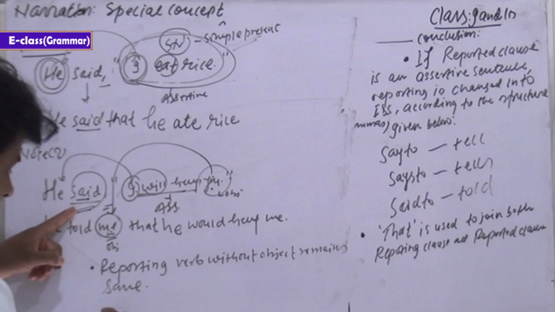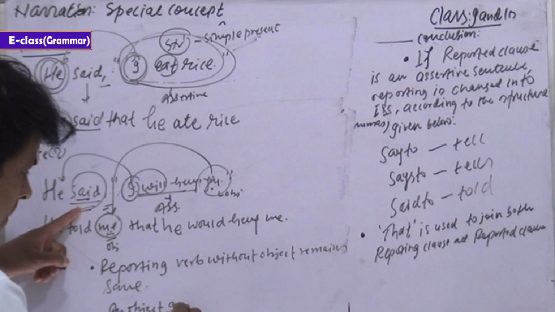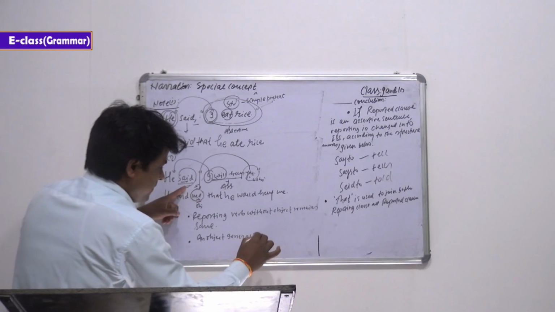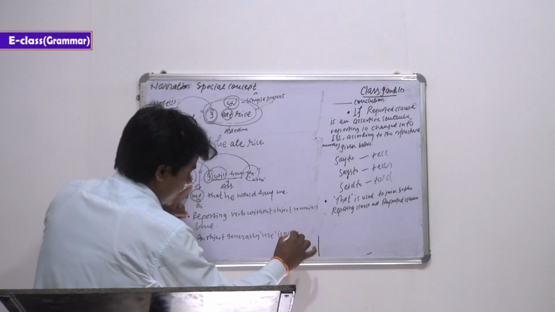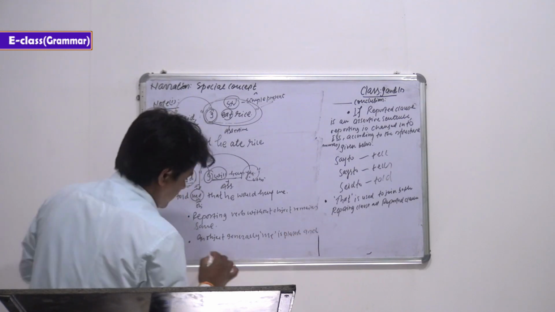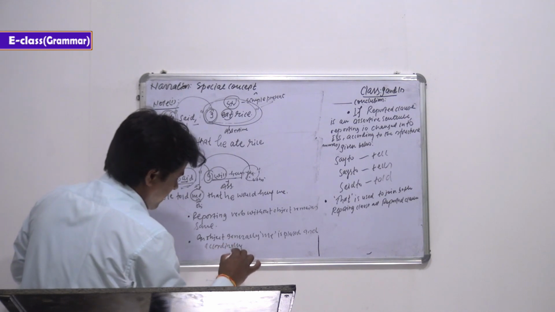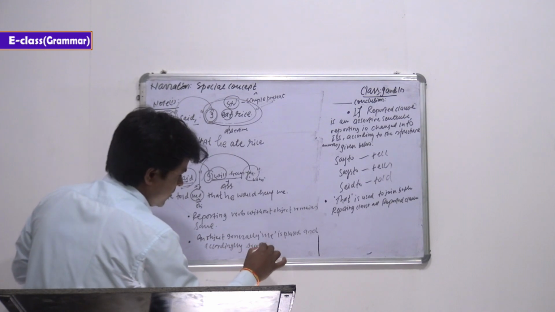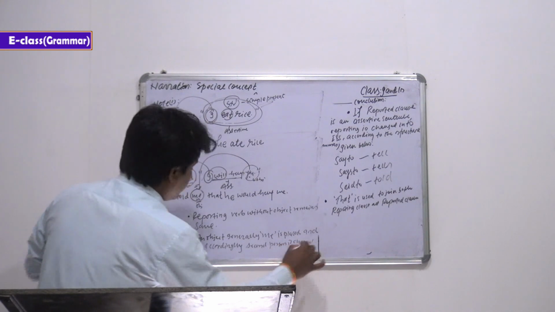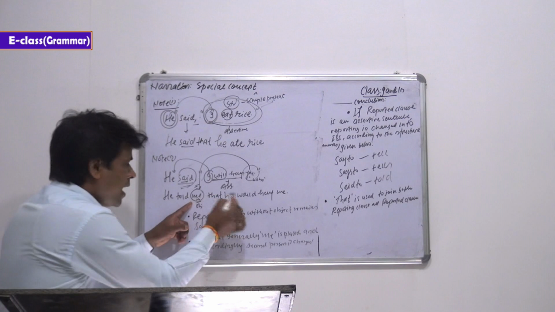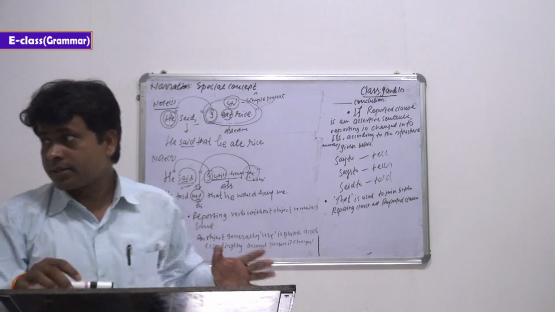In this case, an object, generally me, is placed, and accordingly the second person is changed. As we did over here, we put an object me here, and according to me we change this you into indirect speech. So this is all about today's class.